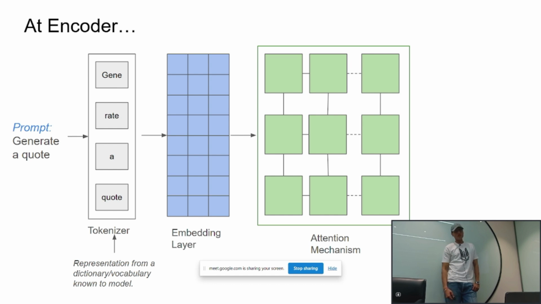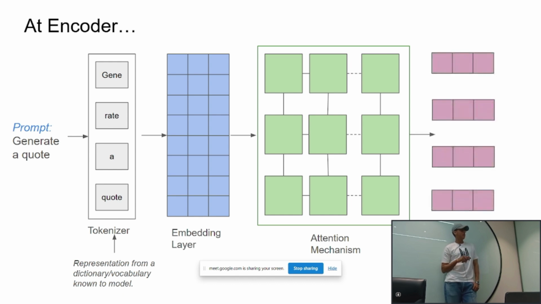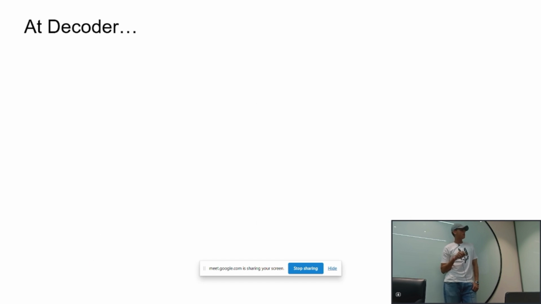We won't go into what the attention mechanism is, but this is where all your computation regarding how these tokens interrelate to each other, what their dependencies are and what their meanings are, is captured within this block. The output of the attention mechanism is the encoder hidden states. This is the output of the encoder, and just a reminder that this output gets cached. We'll see where that caching comes into the picture.